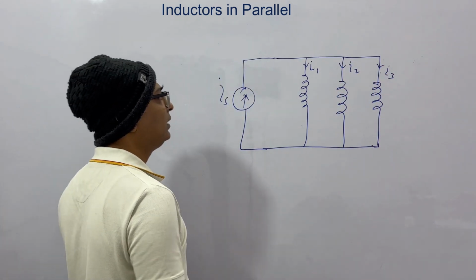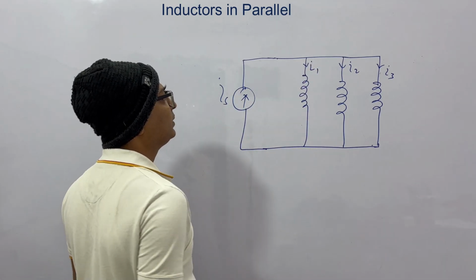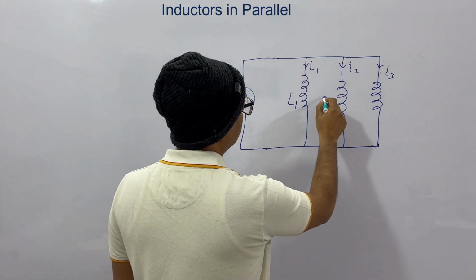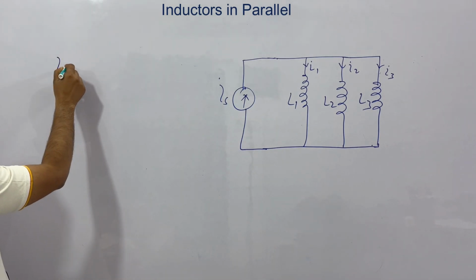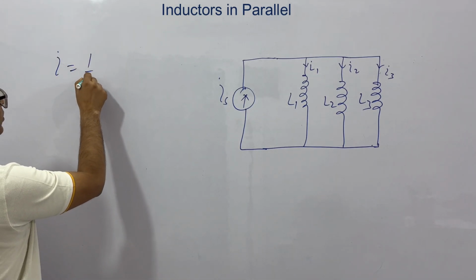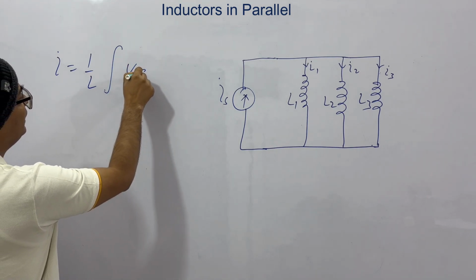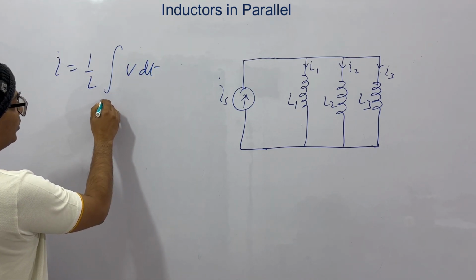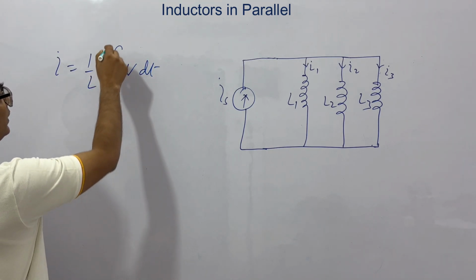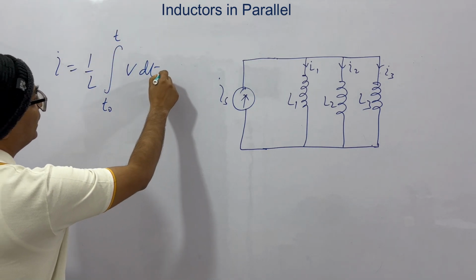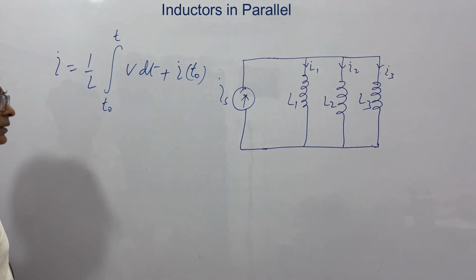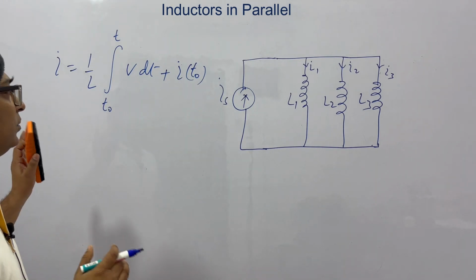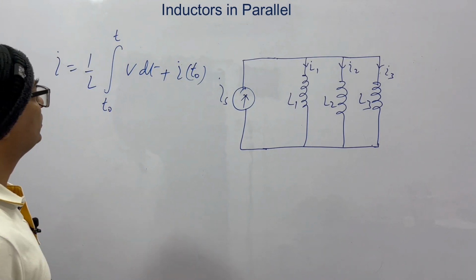From KCL, Is will be equal to I1 plus I2 plus I3. Let these be L1, L2 and L3. For an inductor, the current is 1 by L integral of V dt from the start to the end, let's say from T0 to T, plus we have the initial condition, the current that is present in the inductor before connecting to this circuit.